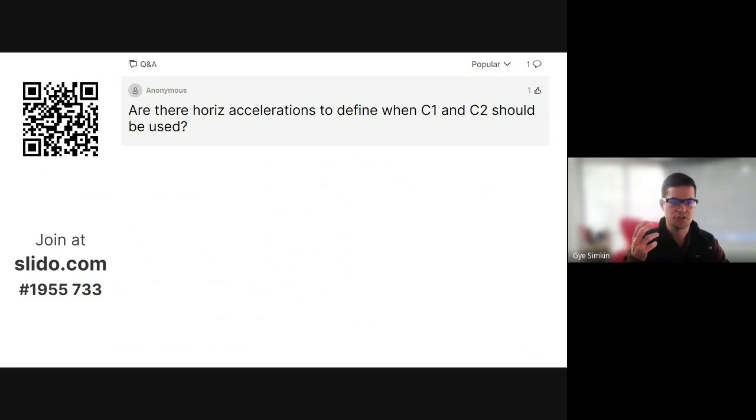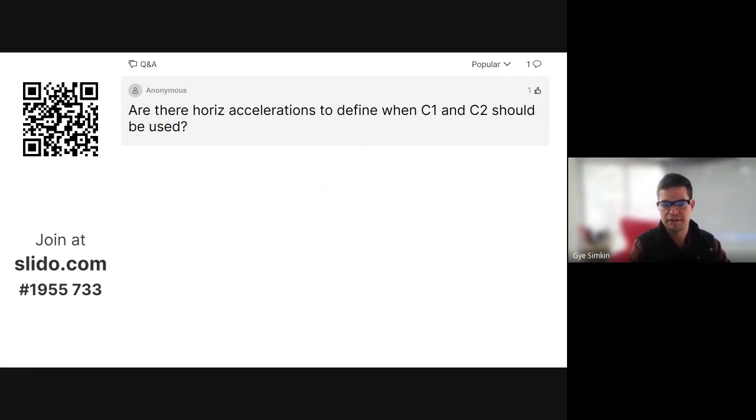I don't have it in the presentation here, but going back to the European standards, they have the location and your horizontal accelerations, and anything above 0.1 g really is a C2, and I think it's between 0.05 and 0.1 g that C1, C2 could be used.